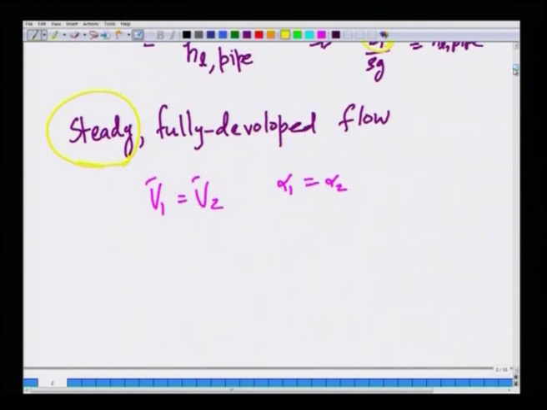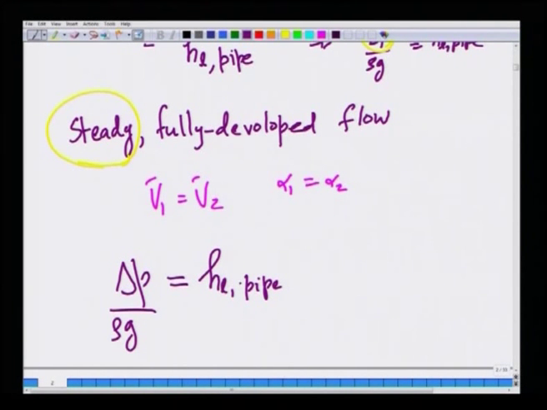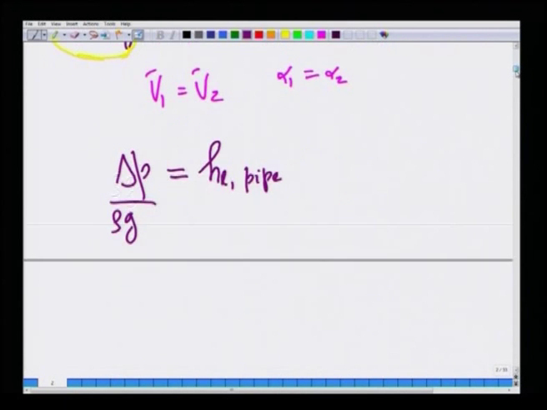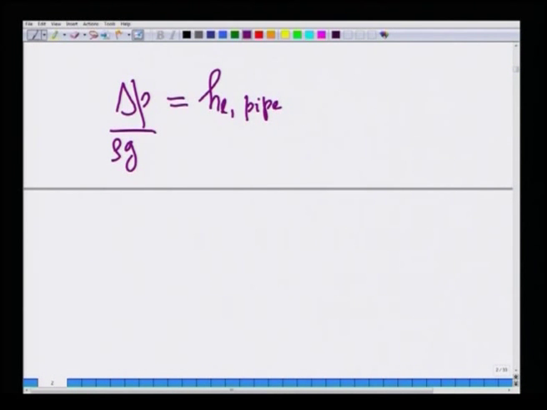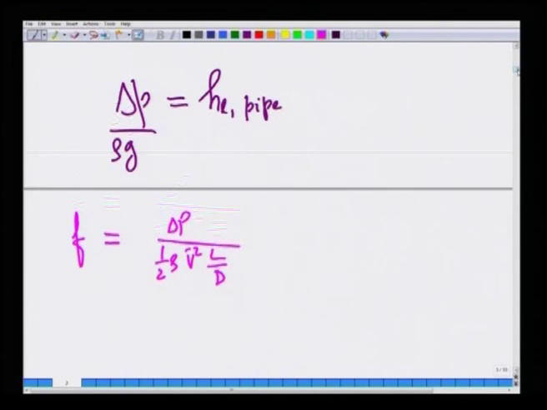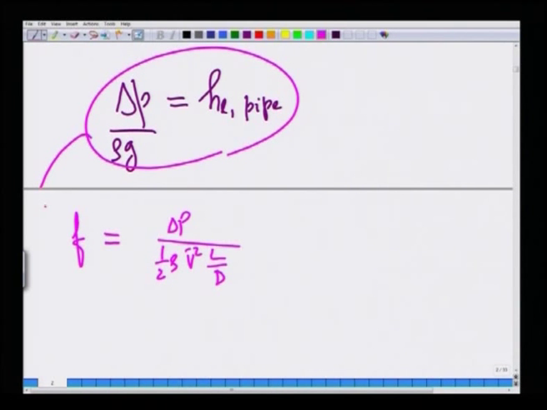Now, all we have from the energy balance is delta P by rho g is head loss in a pipe. Now, I want to relate it to the friction factor. If I want to relate it to the friction factor, I have to simply invoke the definition of friction factor. f is nothing but delta P divided by half rho V squared L by D. If that is the case, then I have to take this equation.